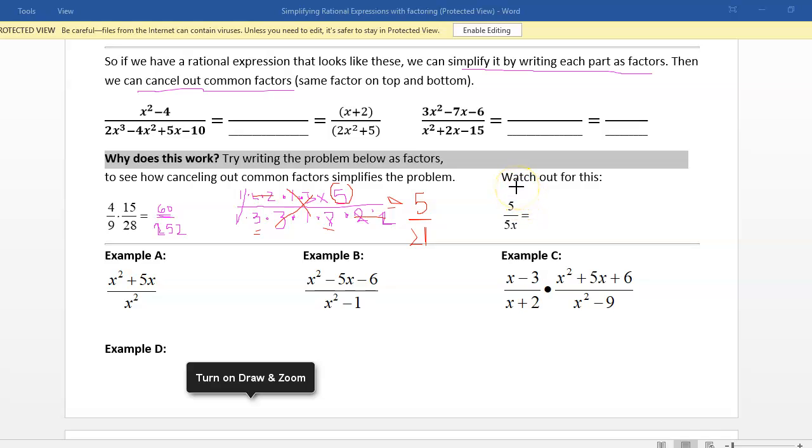We need to make sure we understand what that means. So if I look at this case here where I have a 5 over 5x, I know that I can go ahead and cancel out these 5's, right? They're both the same. Well, I notice now there's nothing in the numerator and there is an x in the denominator.